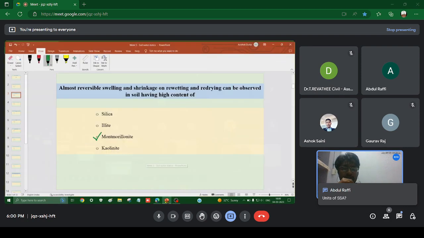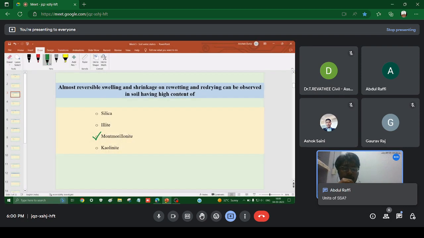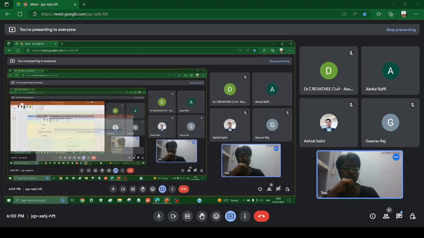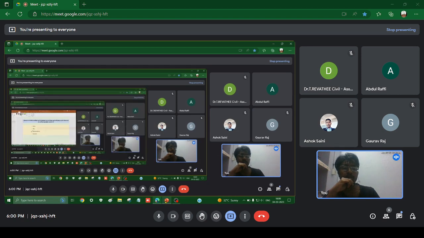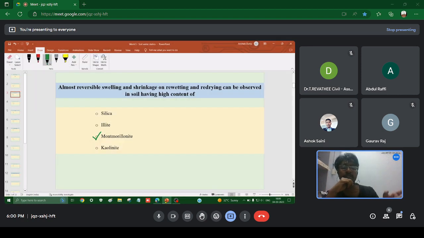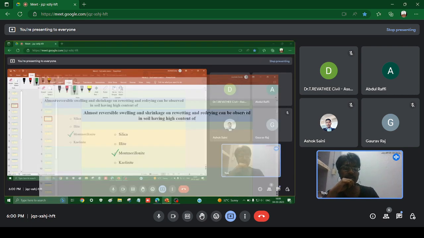Units of specific surface area. What is the definition of specific surface? I told you, surface area per unit mass. So you have surface area, you have mass, divide that, you get the unit. Specific surface area and specific surface are the same thing.